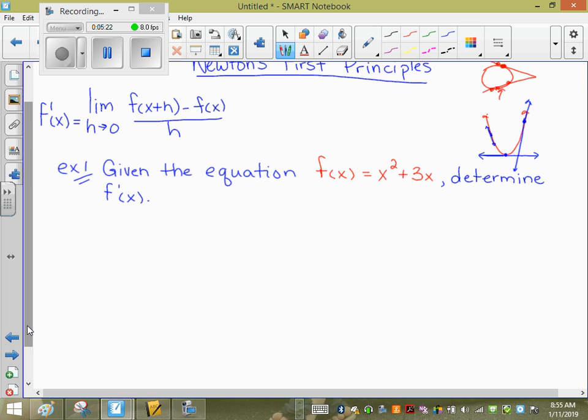So we are going to use power rule, quotient rule, chain rule, product rule, all these different rules, implicit differentiation later on to find derivatives. But the way we first started was through Newton. And by doing Newton's first principles, you're going to realize that using the other rules isn't so bad. So when you get to those and you're whining, I just have to remind you, hey, Newton's first principles, and you're like, ah, right, this is good.